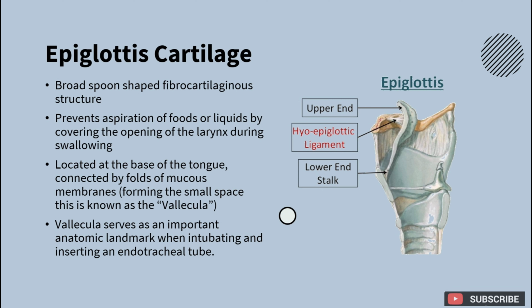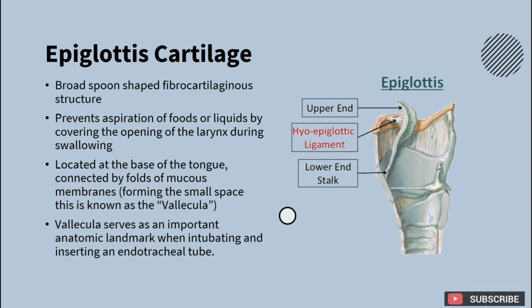The third and final single cartilage that we're going to be discussing is the epiglottis cartilage. It is a broad, spoon-shaped structure, and it prevents aspiration of foods or liquids by covering the opening of the larynx during swallowing. Located at the base of the tongue, connected by folds of mucous membrane, it forms a small space known as the vallecula.